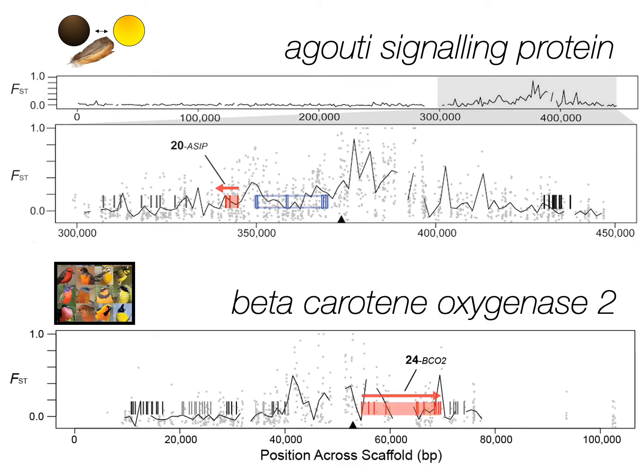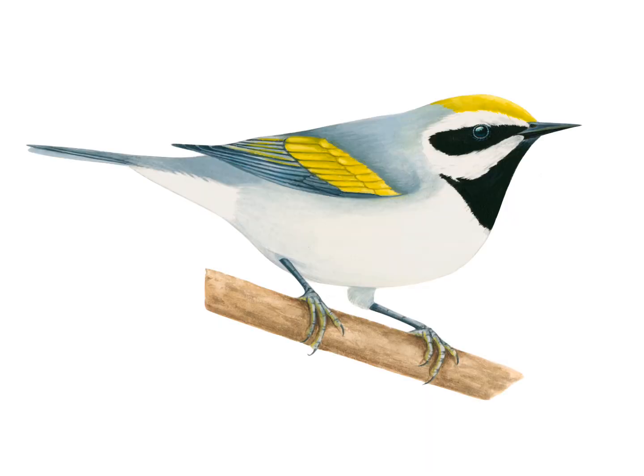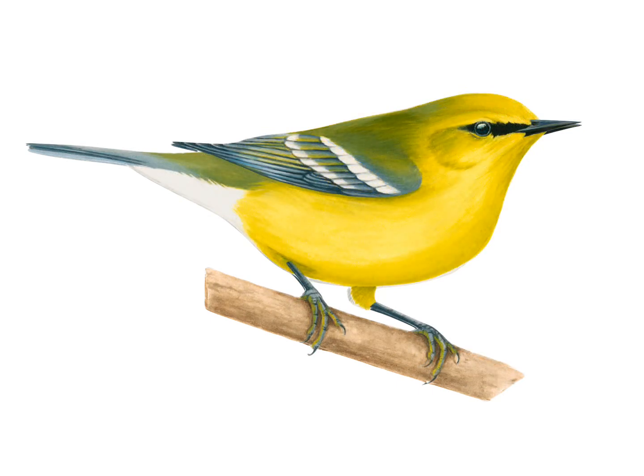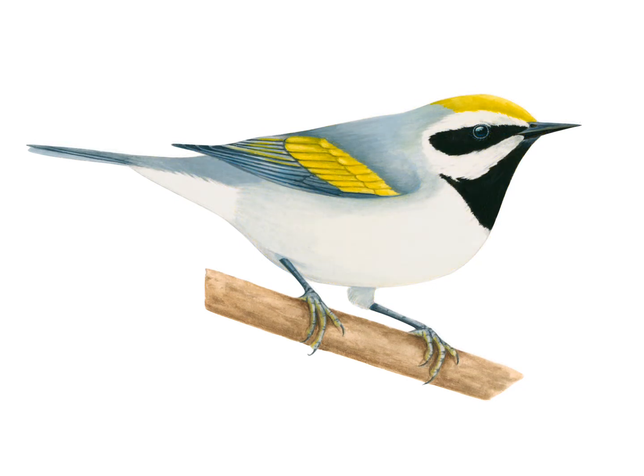And finally, for beta-carotene oxygenase 2, the divergent region is again directly upstream of the gene. Importantly, for none of these genes are there any coding sequence differences. So none of the exons have SNPs. It's always SNPs directly upstream of the genes. And so perhaps you can imagine that these potential regulatory differences can turn different parts of the genome on or off, influencing the plumage pattern variation that we see between golden-winged and blue-winged warblers.